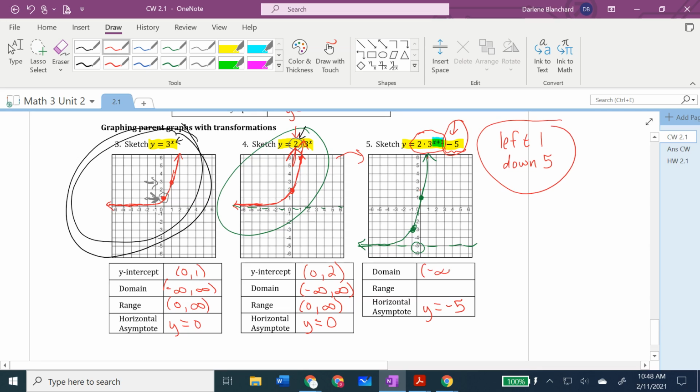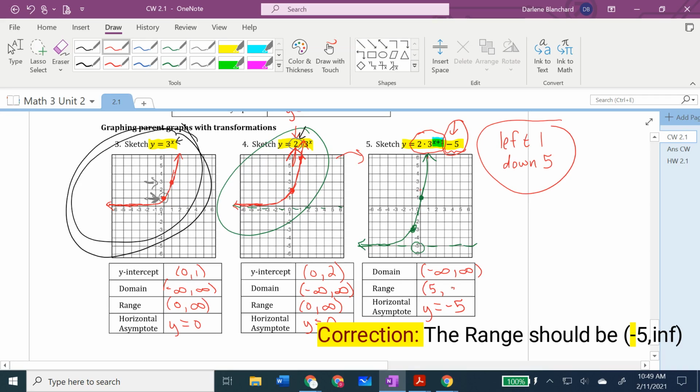It's still negative infinity to positive infinity. But the range is changed if I have vertical motion. I move down 5, so the range is now from -5 to infinity, but it does not include the number -5. And that's it.